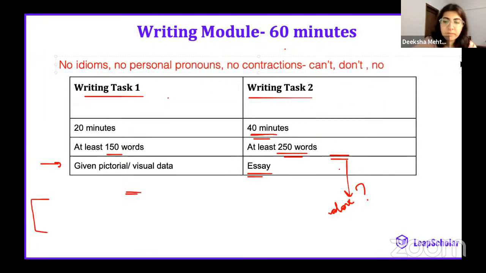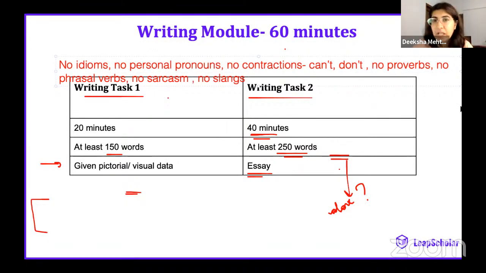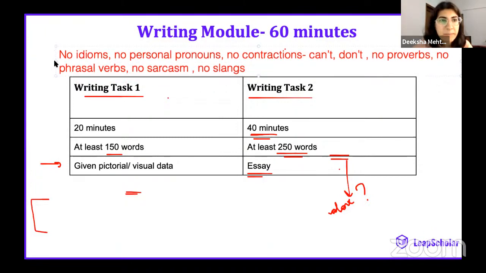No proverbs, no phrasal verbs, no sarcasm, no slangs. Very good. Perfect. So yes, trying to use the passive voice. Absolutely correct.